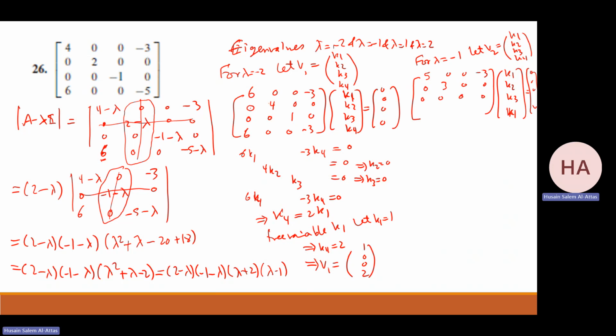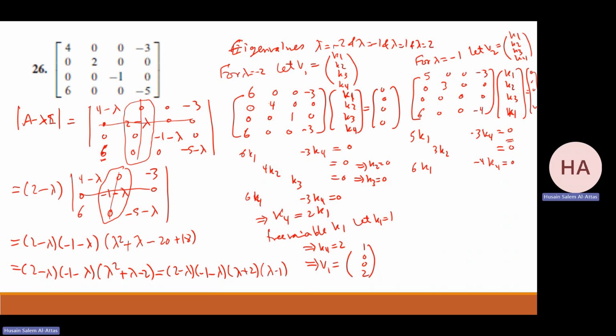Good. That will be 6, 0, 0, minus 5, minus 1, that will be minus 4. So what I'm getting? I'm getting 5k1 minus 3k4, that is 0, 3k2, that is 0, 6k1 minus 4k4, that is 0.